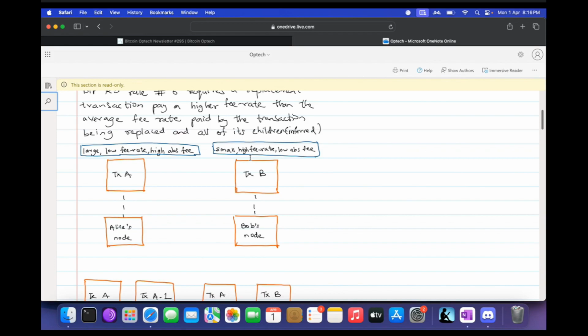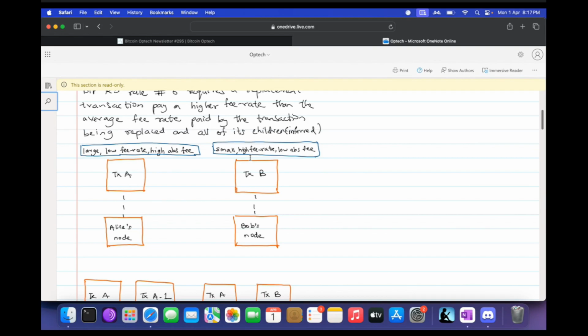Now let's say there's another person who is broadcasting a transaction of, let's say, 10 virtual bytes, and he's willing to pay 2 sats per virtual byte, twice of what the previous person was paying. So this person wants his transaction to get embedded in the blockchain for 20 sats, because 2 sats per virtual byte, so 20 sats.